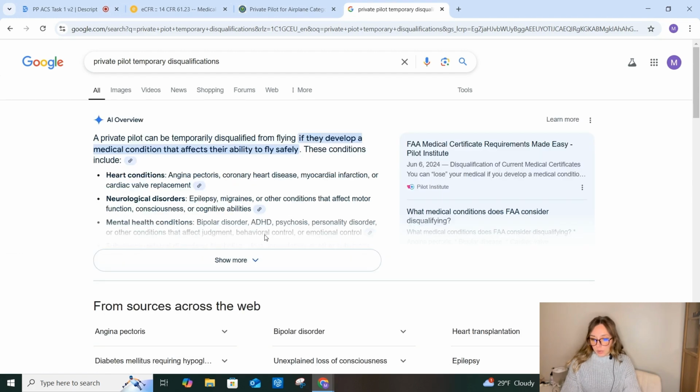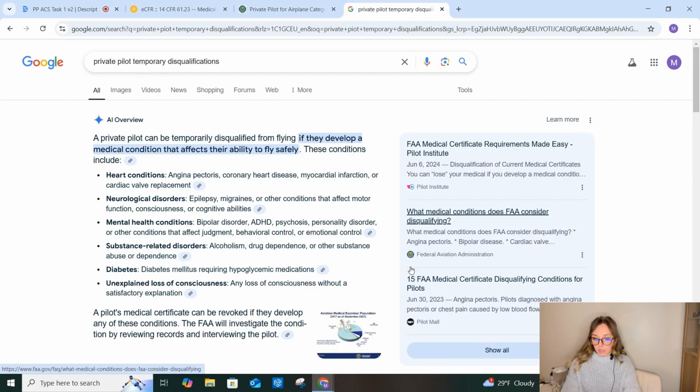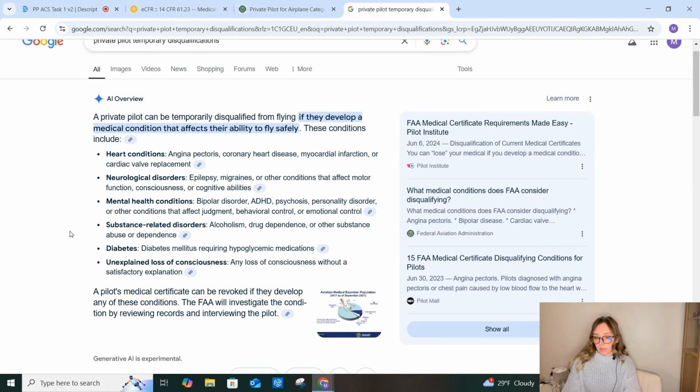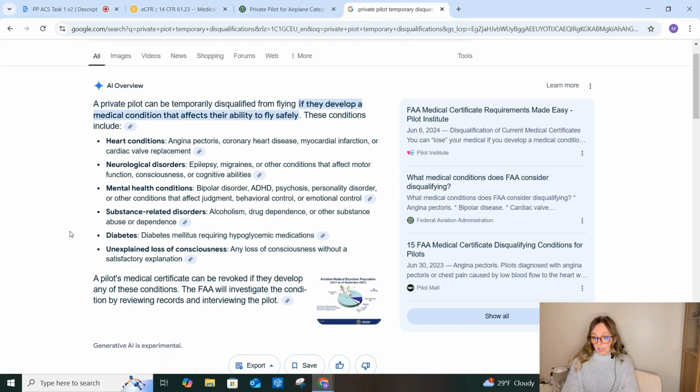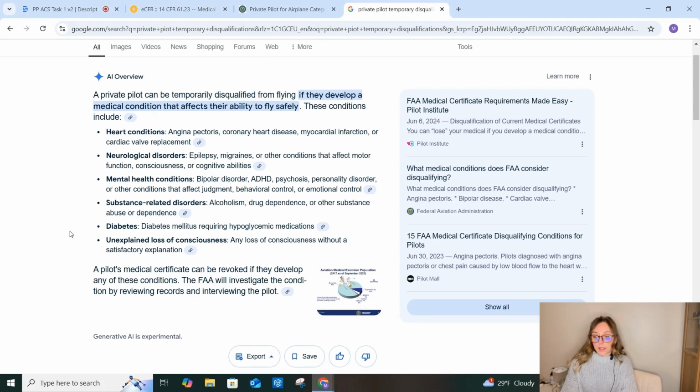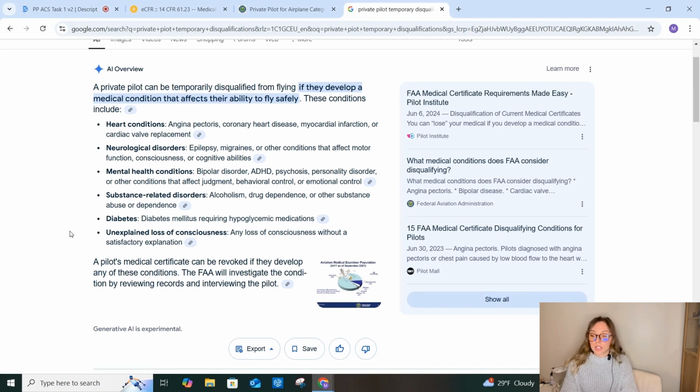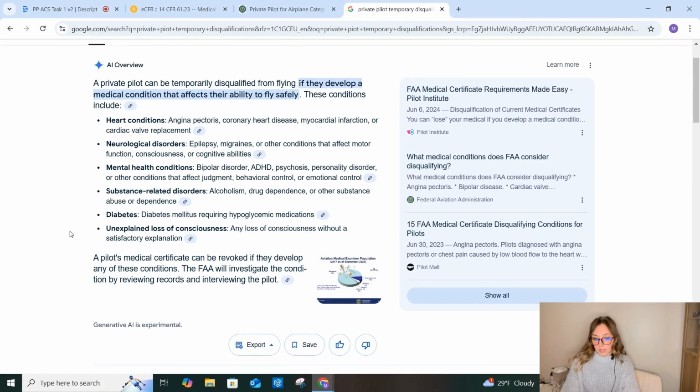Okay, so this is what Google says. Take this with a grain of salt. This is their AI. Heart conditions, coronary heart disease, myocardial infarction, cardiac valve replacement, neurological disorders like epilepsy, migraines, if you have ADHD, if you have a personality disorder, if you have substance-related disorders, I guess diabetes, unexplained loss of consciousness.